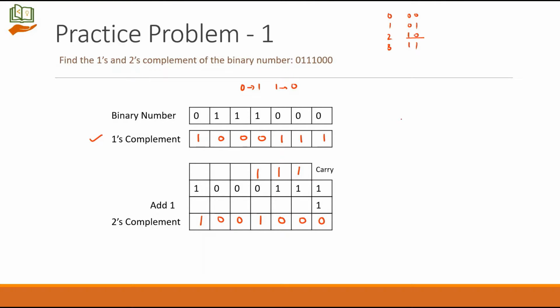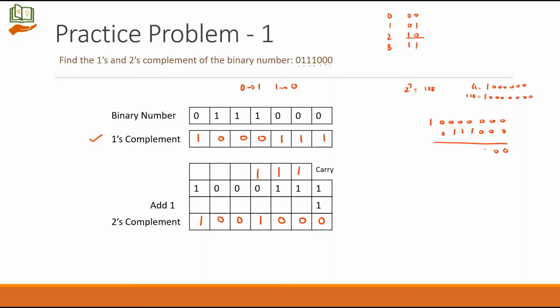Now shall we check this in 2's complement form? In 2's complement, we take the number of digits: 1, 2, 3, 4, 5, 6, 7. If there are 7 digits, it's going to be 2 power 7, and the value of 2 power 7 is 128. If 64 has 1 and 6 zeros, 128 will have 1 and 7 zeros. We write 1 with 7 zeros and then write this number, 0001110, and just subtract.